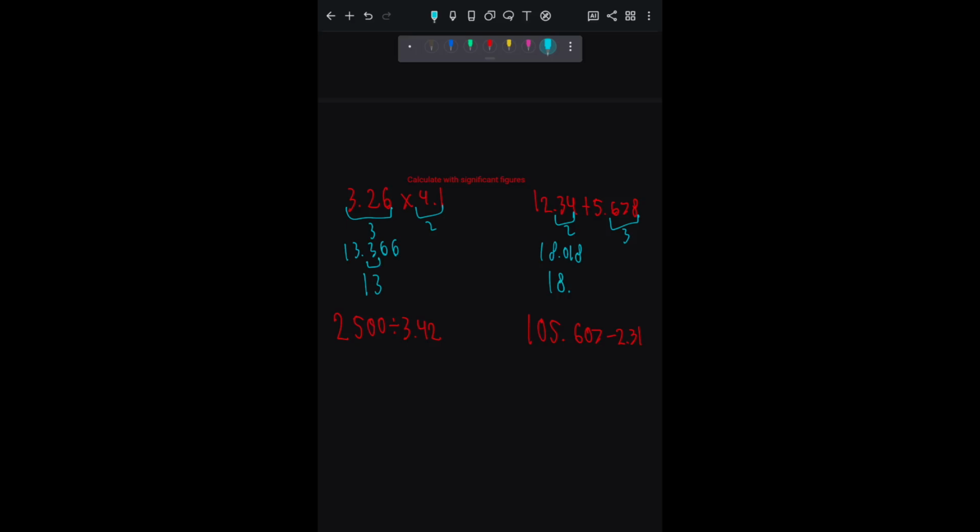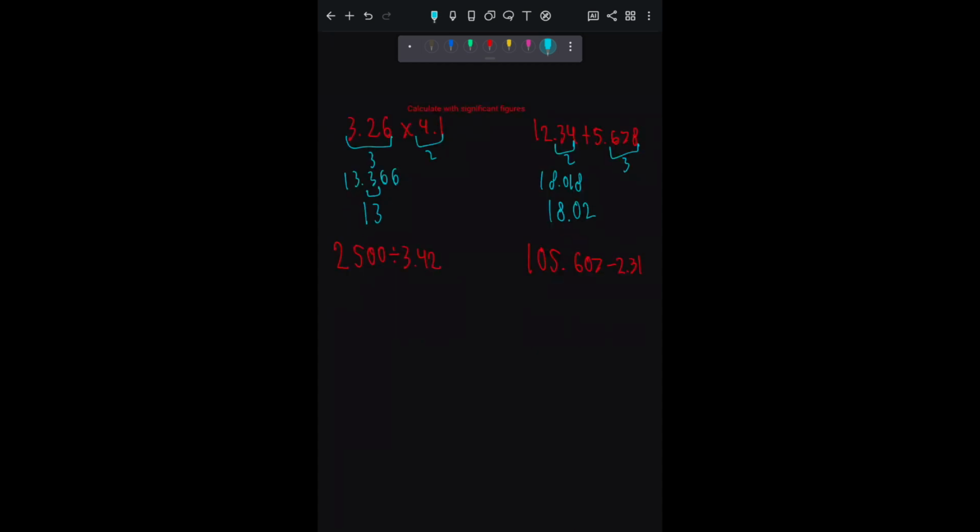Is 8 greater than or less than 5? It is greater than. So you're going to leave that 0 and put 2, because you turn that 8 into a 0 and you add 1 to the next digit. So 18.02. All right, for this one, this is 2 significant figures. This is 3 significant figures. Put it in your calculator.